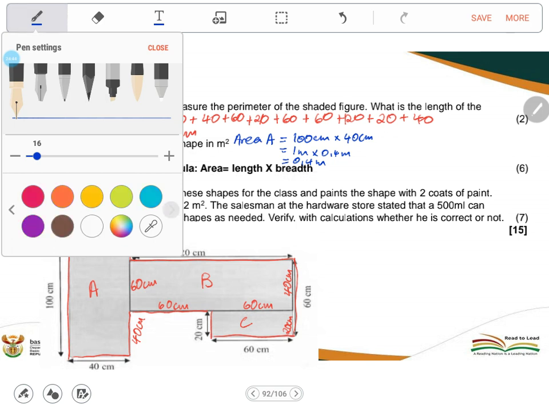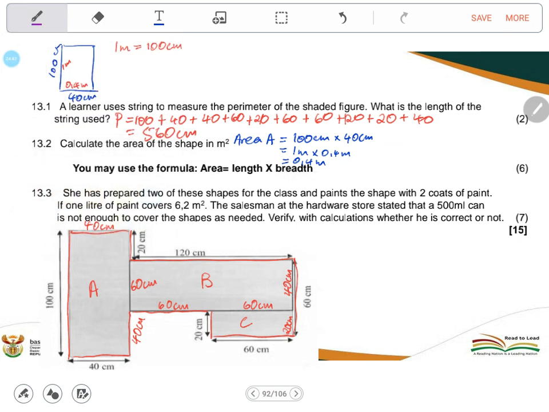And we do the same for the area of rectangle B. Let me use a different color for it. Since it's also length times breadth, the length is 120 centimeters multiplied by the breadth, which is 40 centimeters.